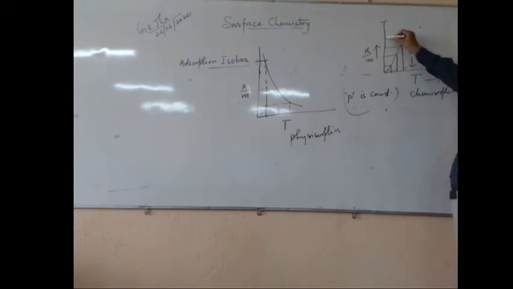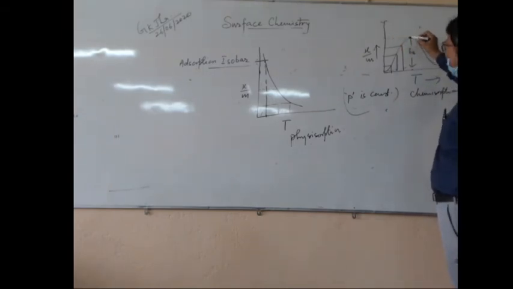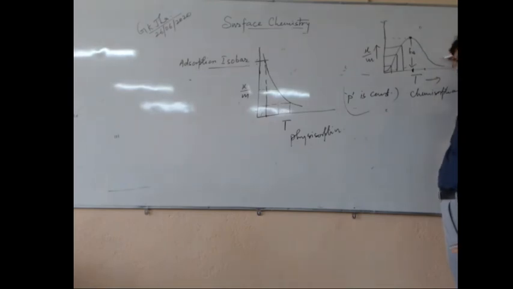Extent of adsorption becomes maximum at this high temperature, and after that, with rising temperature, this x by m decreases. With further rising temperature, extent of adsorption decreases, slopes down. As you notice, this curve slopes down after a certain temperature.